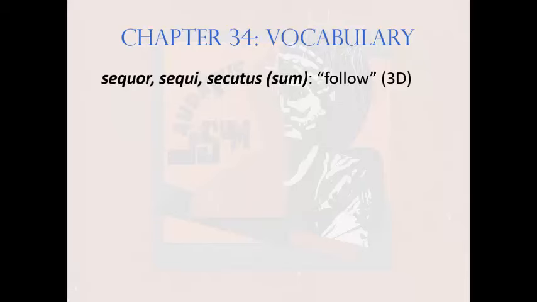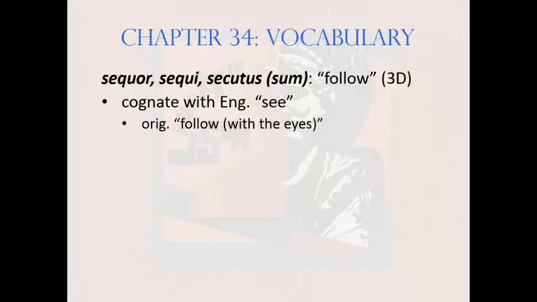Commit sequor to memory as soon as you can, and good things will follow. Sequor is built on a base seen also in the English verb see, which originally meant follow with the eyes. Those of you who know German will recognize the same base in sehen, the German word for see.